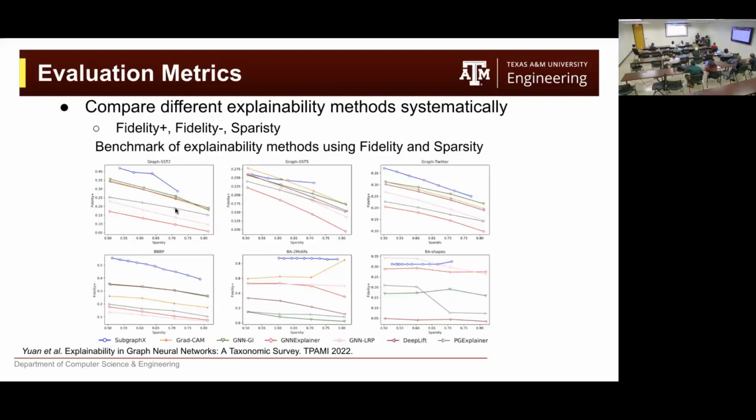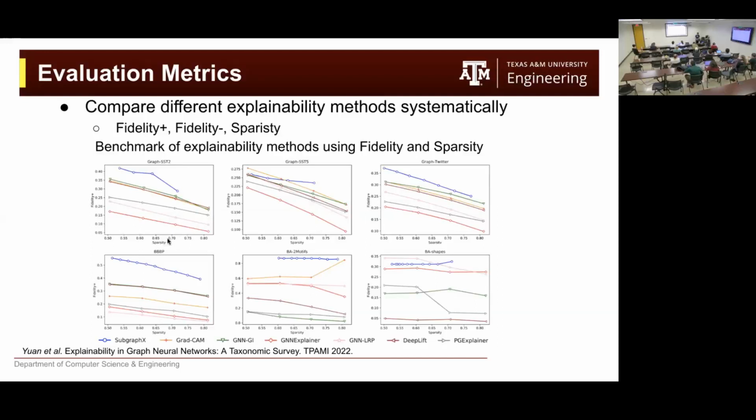And we can compare different methods at a similar sparsity level, which means the explanation size is consistently similar between these different explanation results.